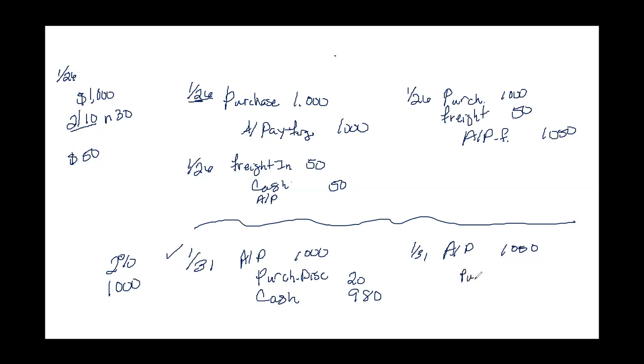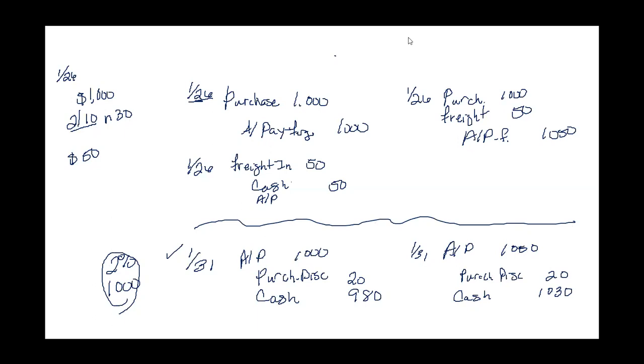Our purchase discount would still be $20 because it's only 2% of 1,000, and then our cash is the difference between the 1,050 and the 20. So you have to remember you have that extra $50 in shipping, so it's different from that cash. So we're going to have 1,030 that we're paying to Ferguson, and if you look at it, the two add up to the 1,050. So those are the journal entries there.